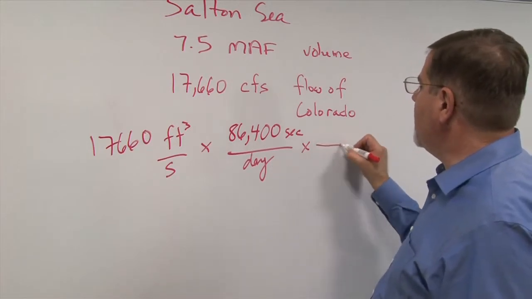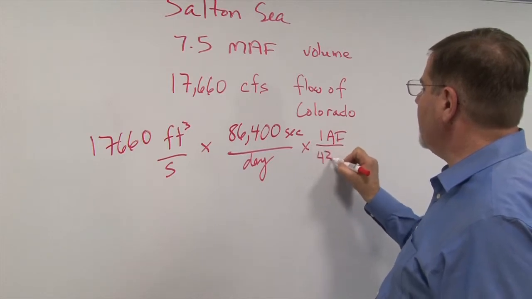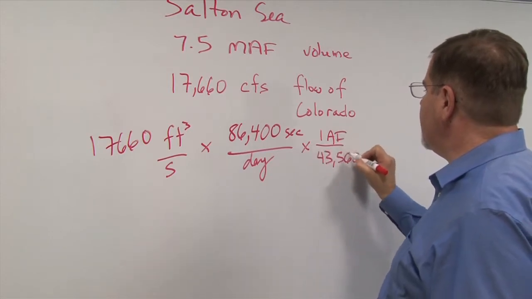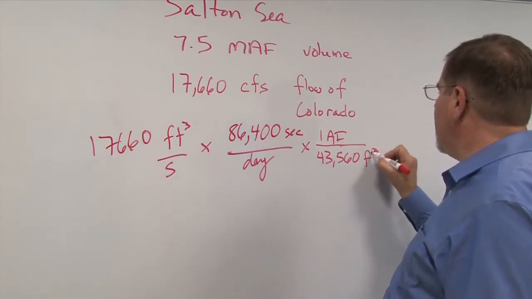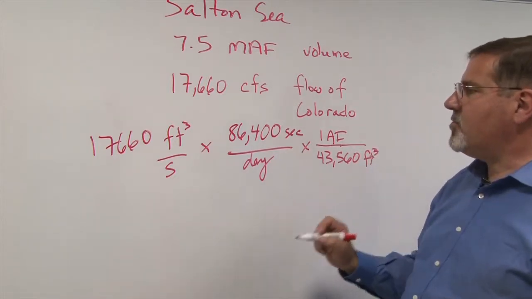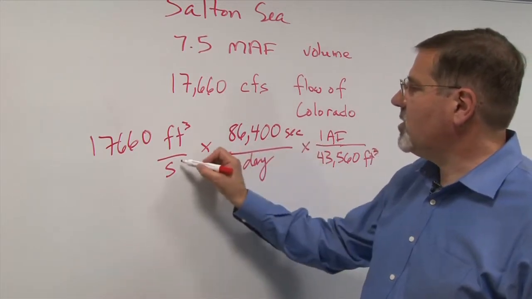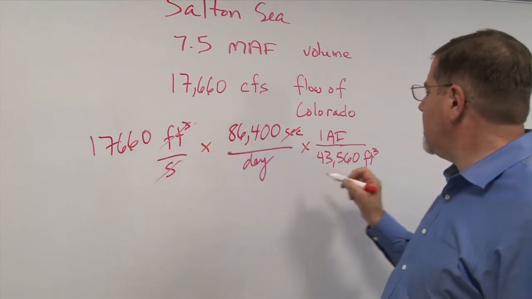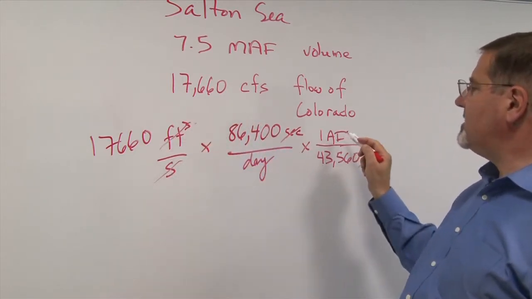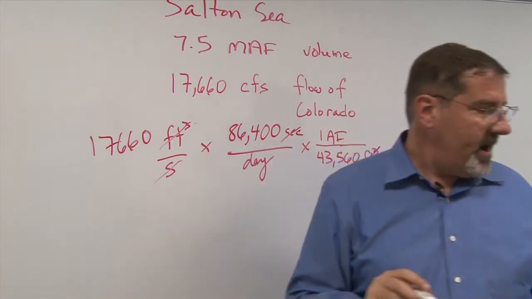So we would put 1 acre foot in the numerator and 43,560 cubic feet in the denominator, and we do the math. And what we're going to do now is we're going to cancel seconds, we're going to cancel cubic feet, and we already see we'll have acre feet per day, which gets us pretty darn close to our answer.